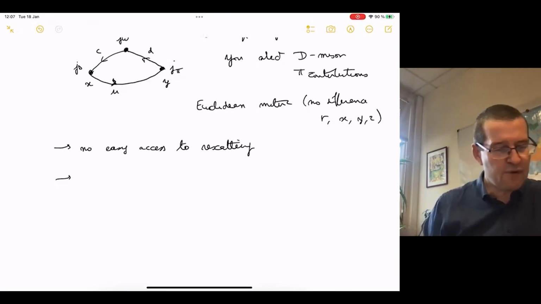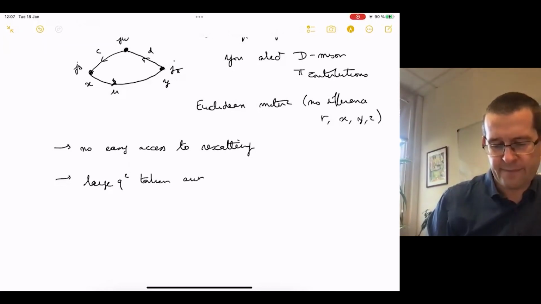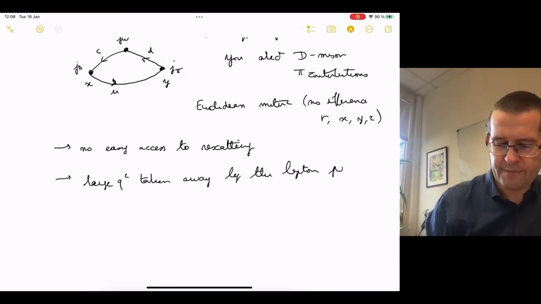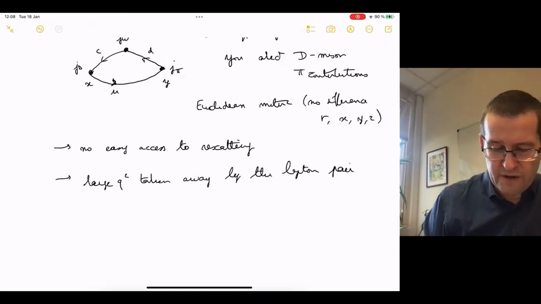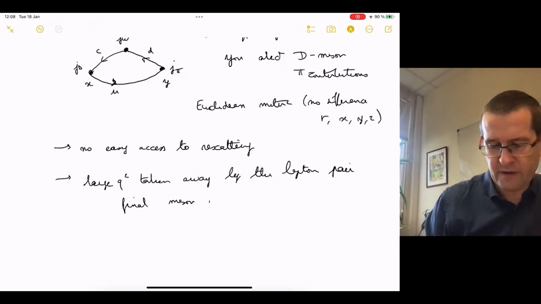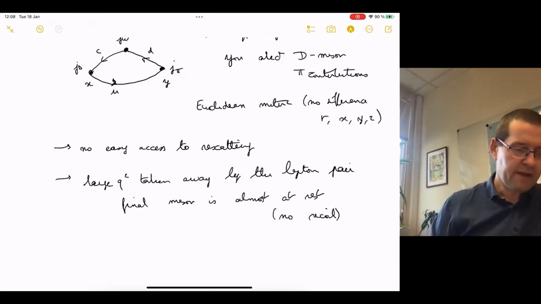So you prefer to have a situation with a large Q square taken away by the lepton pair, and so the final meson is almost at rest. So no recoil.